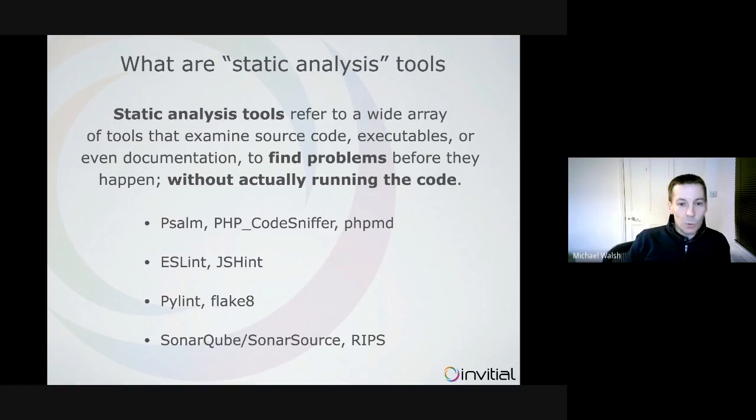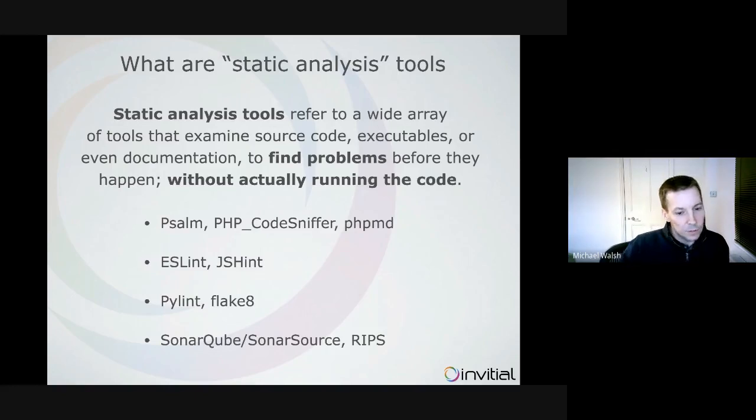Some examples of tools that are doing static analysis are Psalm, which is very similar to PHPStan. You've got PHP Code Sniffer, PHPCS, PHPMD, Mess Detector, and then for JavaScript, ESLint, JSHint, Python, PyLint, and Flake8.